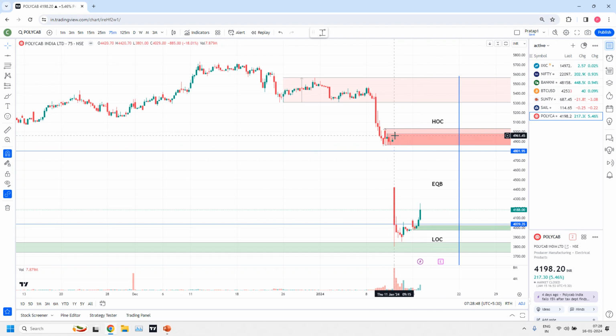And the advantage we got: the ITF price direction is changed to supply zone to demand zone. When price direction is changed from supply zone to demand zone, immediately short trades are enabled. And in exactly the same place, our LTF supply zone is also there, the 75-minute supply zone. That means we can plan a short immediately.